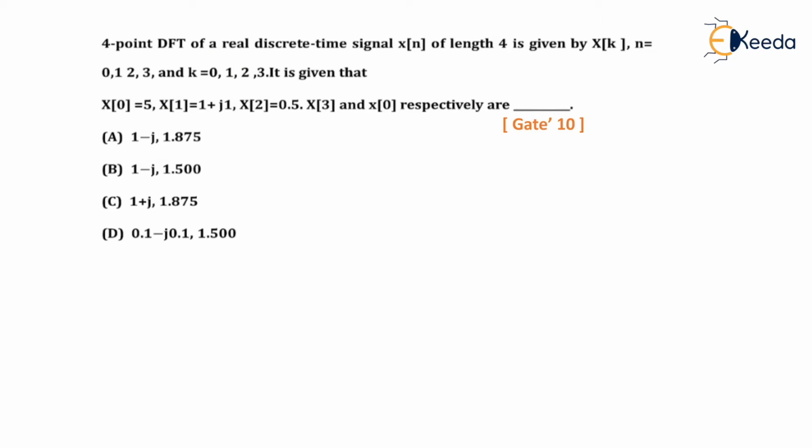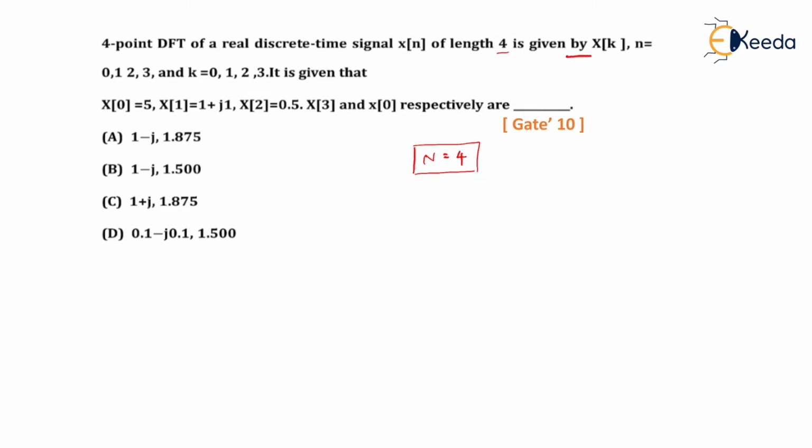First question from GATE 2010 is displayed on the screen. It says 4-point DFT of real discrete time signal x of n of length 4. So from this, first of all, let me note down. I got the value of N, which is equal to 4.